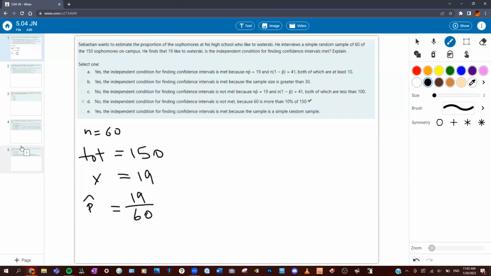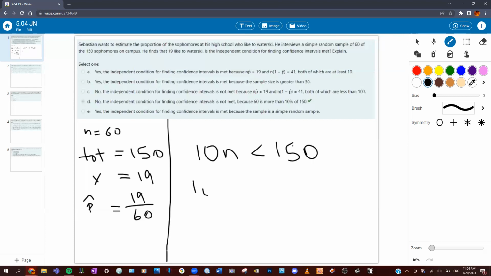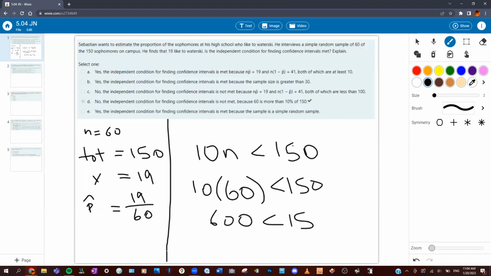But what we really need is the 10% rule, which says that 10 times n must be less than the total population. Well, 10 times n is 600, and 600 is not less than 150. So that's the reason it's not met. That's just the 10% rule.